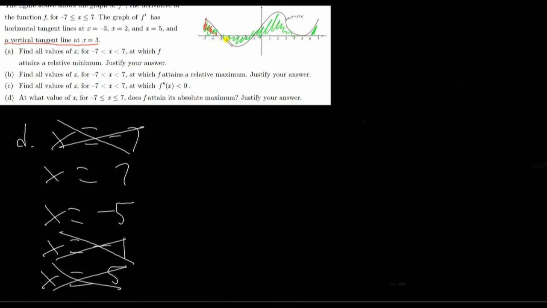And it's clear that even though there's a small negative section, the total net area is way bigger for the green section, so for x equals 7. So the area under the curve is greater for x equals 7 compared to x equals -5. And therefore we'd say x equals 7 is where the graph attains its absolute maximum on the interval -7 to 7.